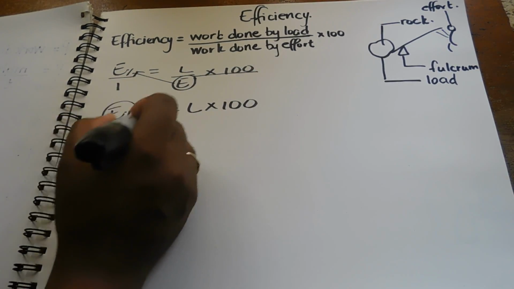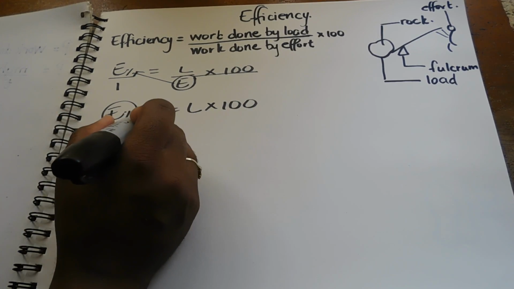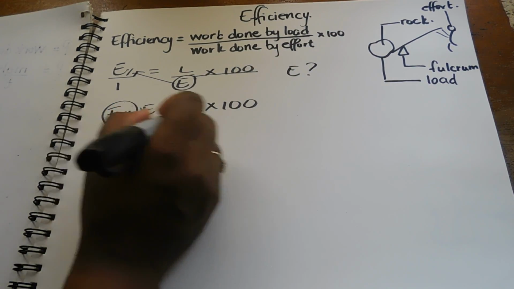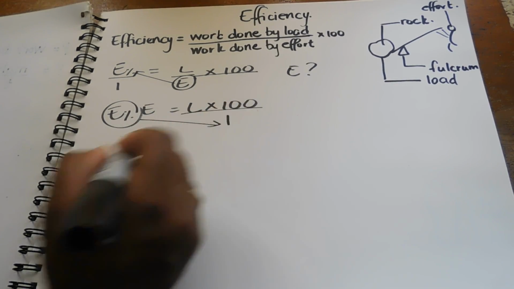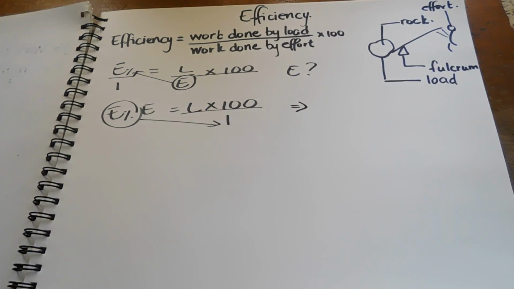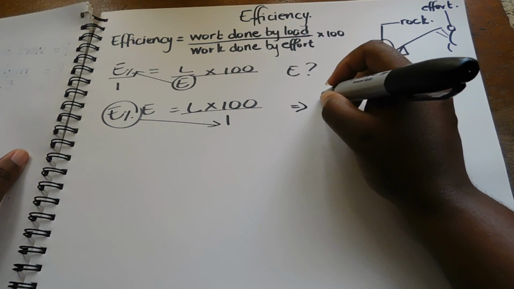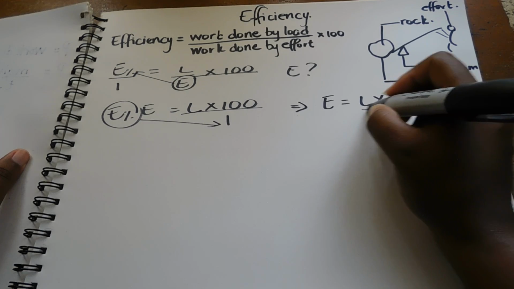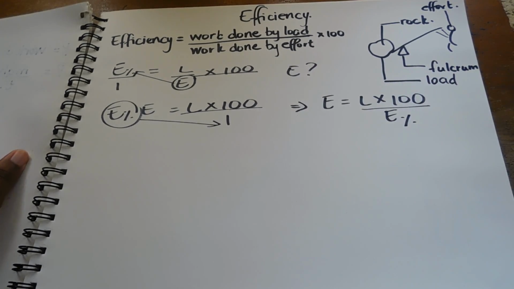But you want to get rid of this because you're not looking for this, you have this already. So you would move this below it, because this is 1. So then therefore you would have E is equal to L times 100 over E percent.